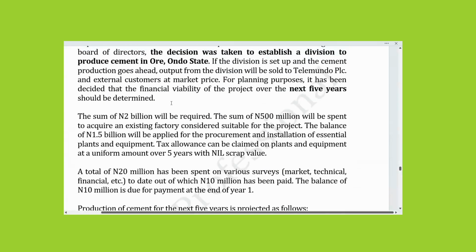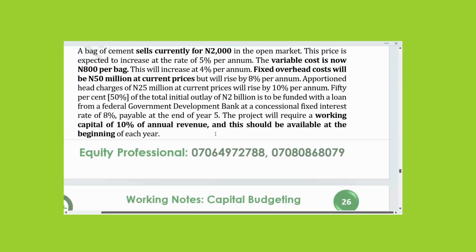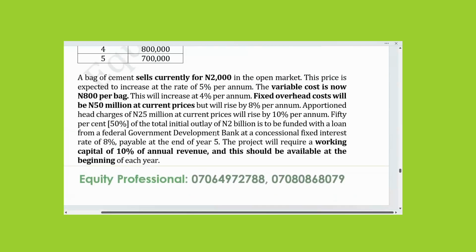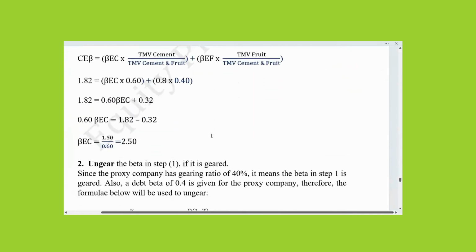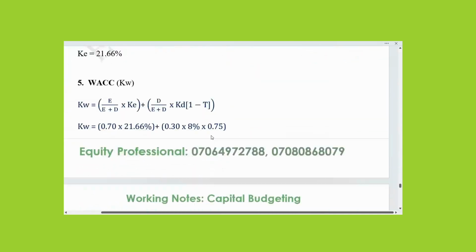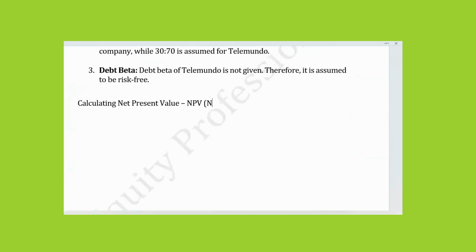We are given figures in billions, okay? So we can use millions for the purpose of our calculation. Let's restrict our numbers to millions. That will make our job faster. So this is requirement number B.